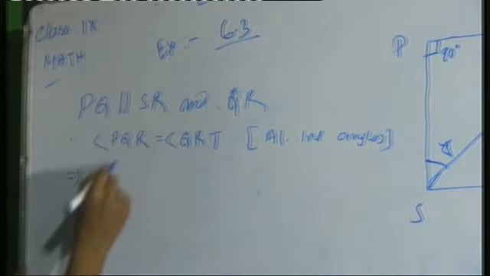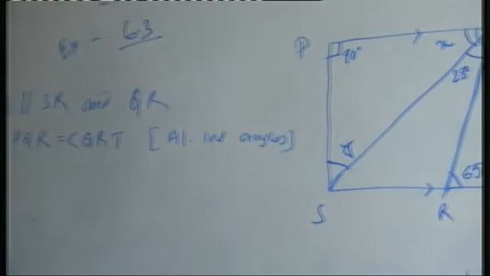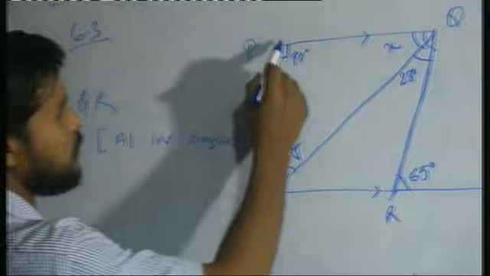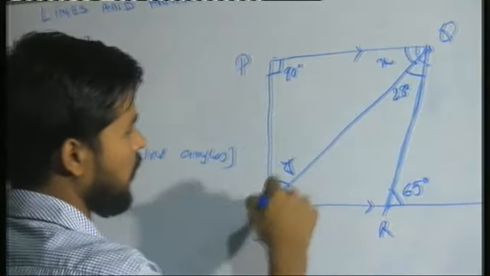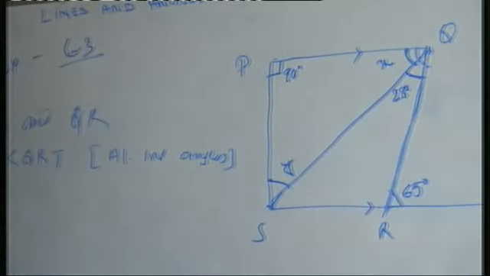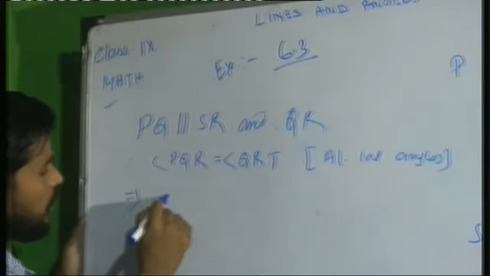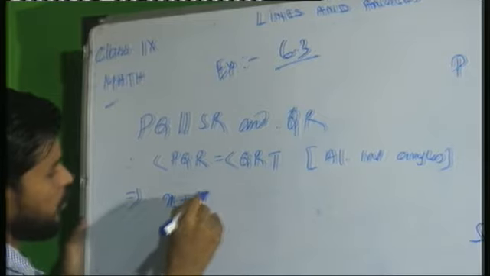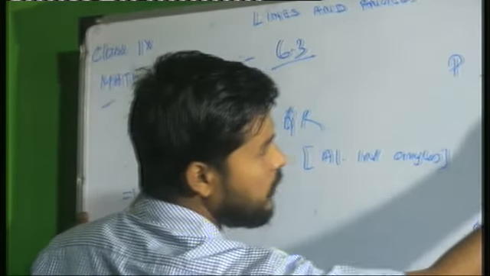That means what is the value of PQR? Now PQR is actually consisting of two angles. One angle is PQS and SQR. So sum of these two angles will give the value angle PQR. So in place of angle PQR, we can write X plus 28 degree, because this value is X plus 28 degree.